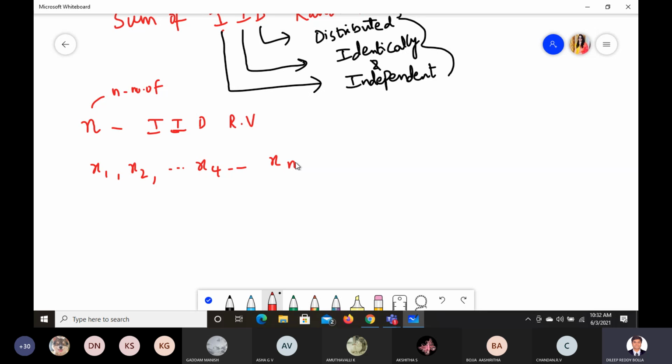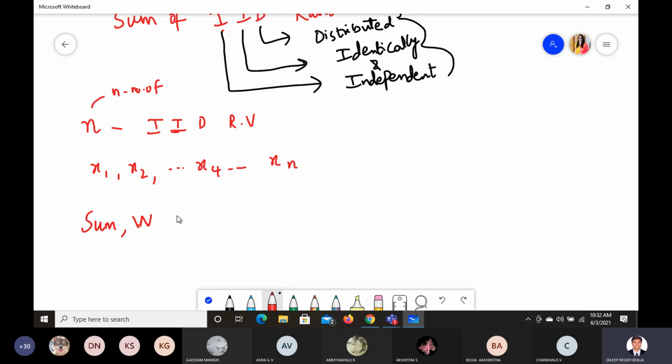Okay. Now how to write this? As usual, if you want to find the sum of them, we have to find the w. So w is the sum. Actually, we have understood. Correct?